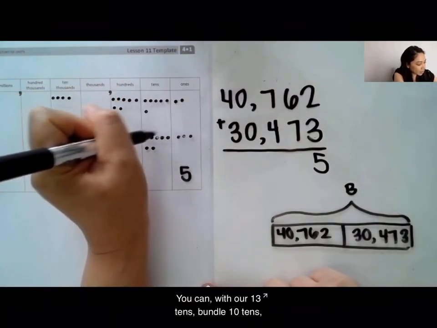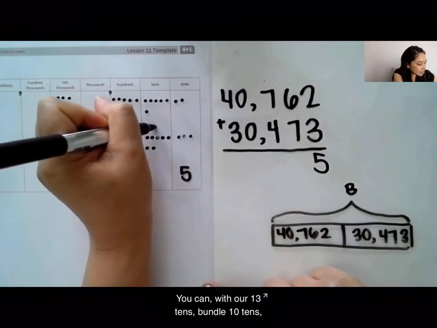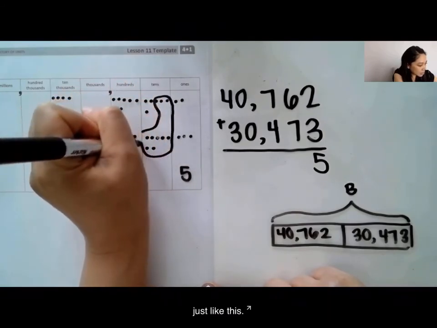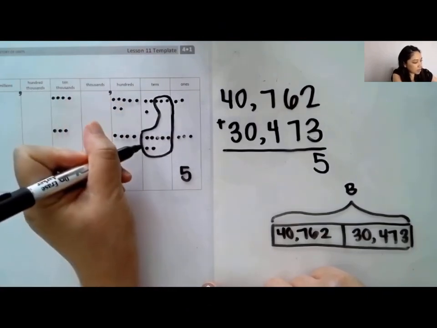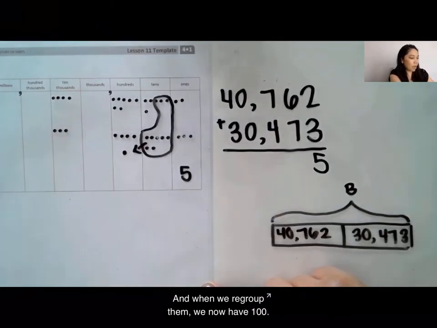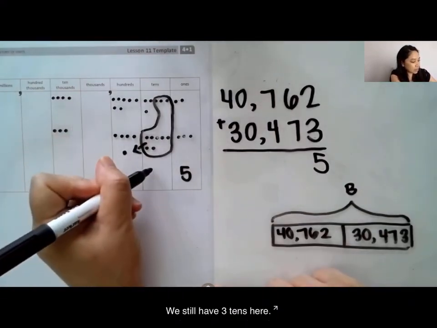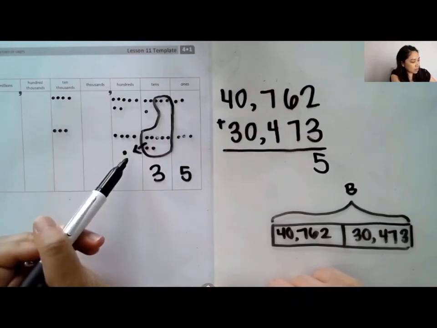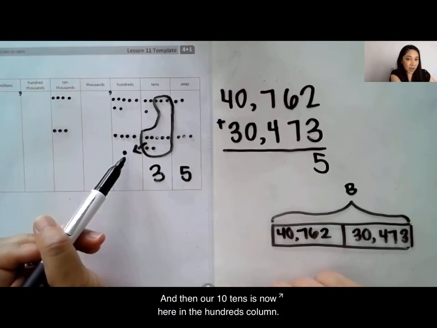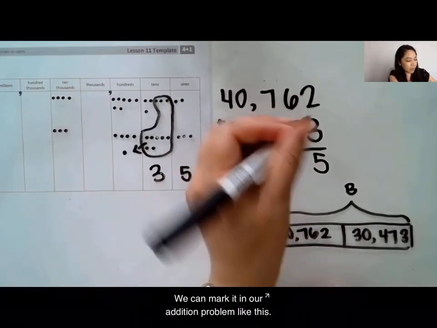We can, with our 13 tens, bundle 10 tens, just like this. And when we regroup them, we now have 100. We still have 3 tens here. And then our 10 tens is now here in the hundreds column. We can mark it in our addition problem like this.